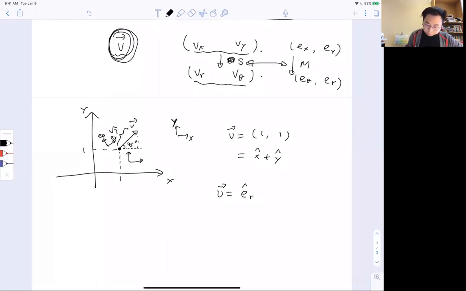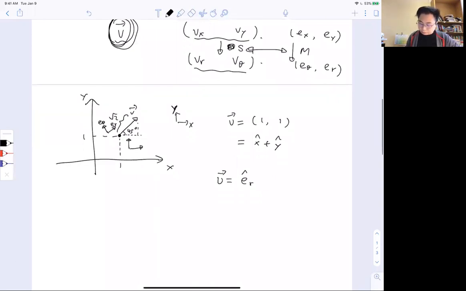So you can see this vector V is parallel to e_r and perpendicular to e_theta, meaning that the component of e_theta is 0 and the e_r component is square root of 2. So you can see here the components are (1, 1), and here the components are (square root of 2, 0). They are different because we are decomposing the same vector in different bases.